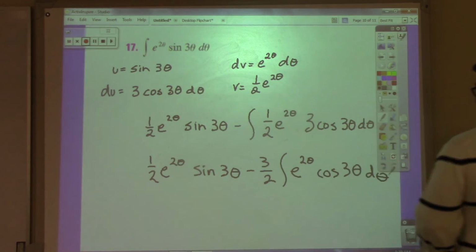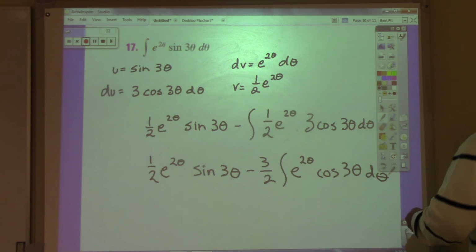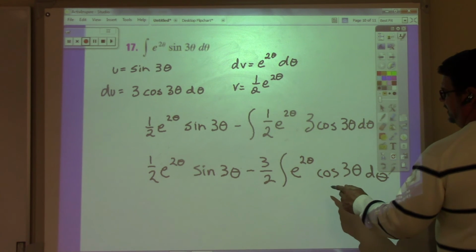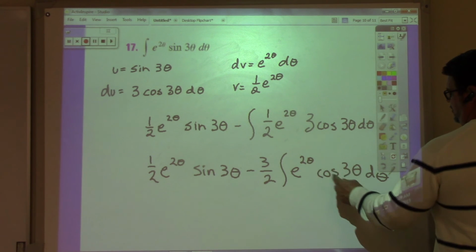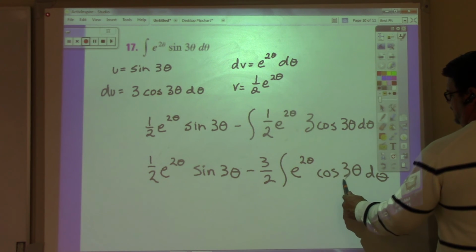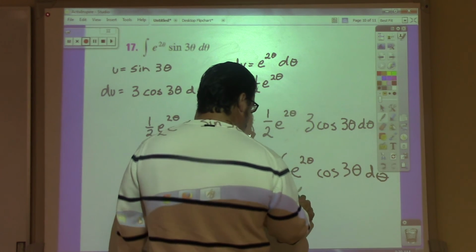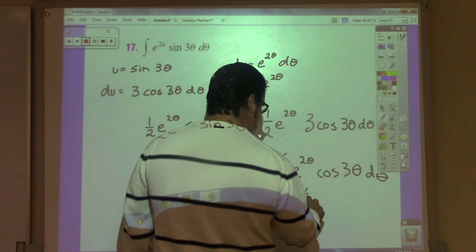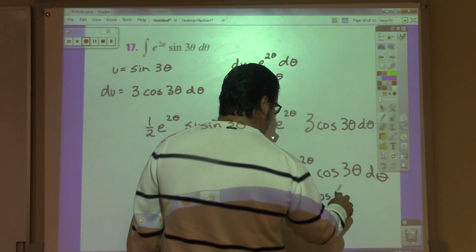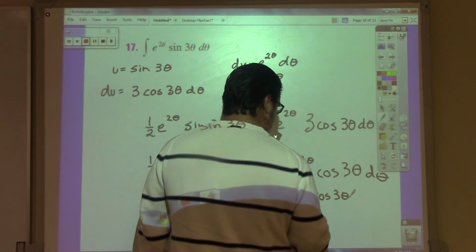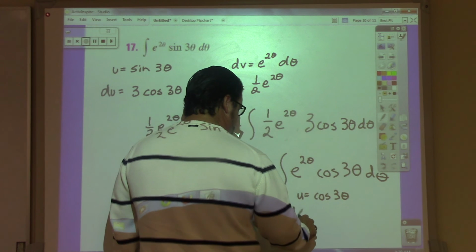I think we're going to have about the same thing we had with that other problem. This looks like this is where it's going. Here I'm going to make u equal cosine of 3 theta. So du would be what?